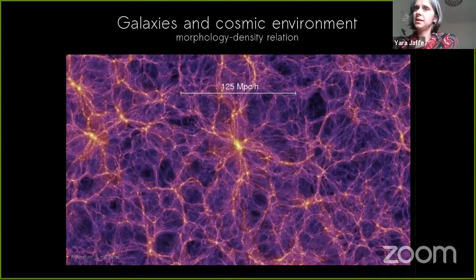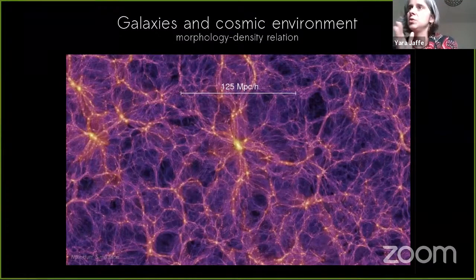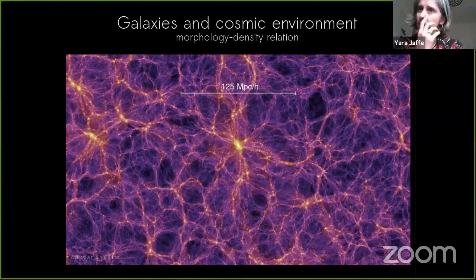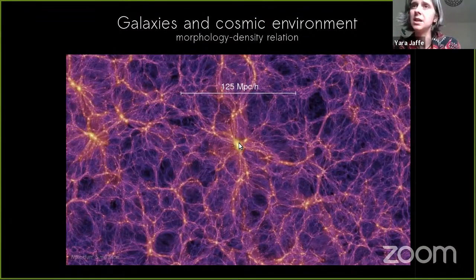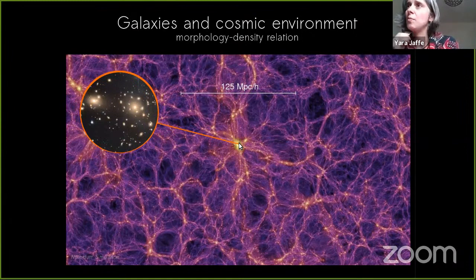And in fact, if we look at the distribution of galaxies across the cosmic web, this is again a cosmological simulation showing the distribution of mass in the universe. We have these very dense regions where we can have hundreds or thousands of galaxies bound together by gravity. And in these places, we're much more likely to find elliptical and smooth galaxies in general.